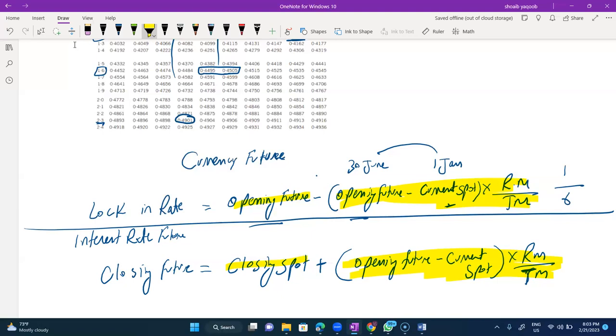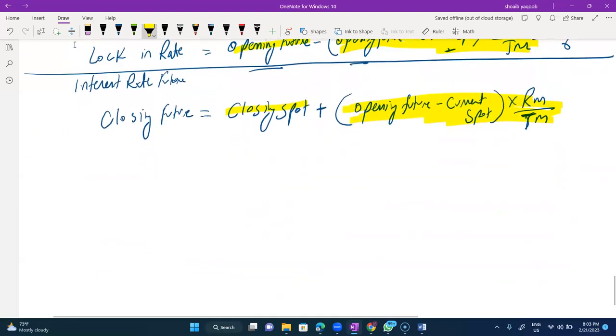One of the students has asked about the mark to market calculation. Let me explain it. Let's suppose you have entered into a future contract.